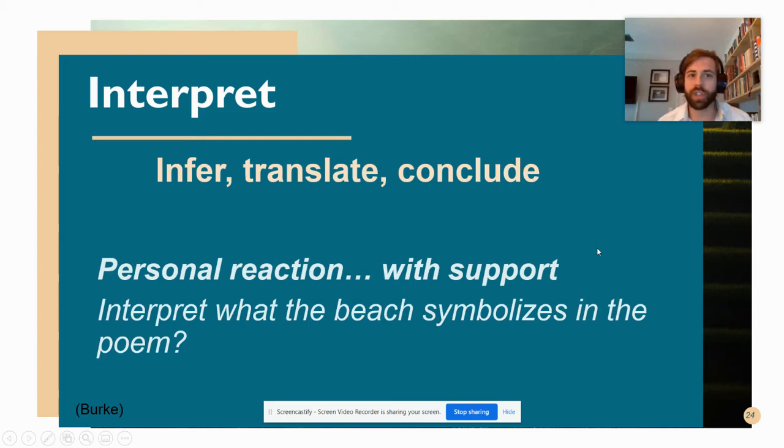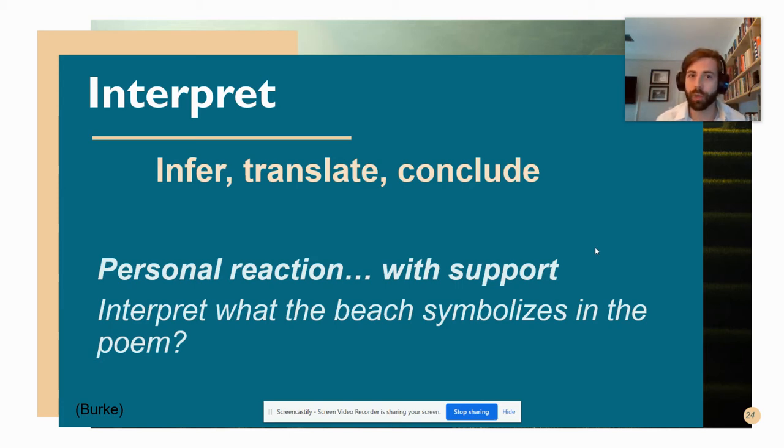Next verb we're going to talk about is interpret. Interpret means to infer, which means to put the pieces together or to translate something. If you think about interpreting a foreign language, you're taking that language and you're putting it in terms that you can understand. So I'm taking Spanish and translating it to English or German or French or Japanese or whatever.